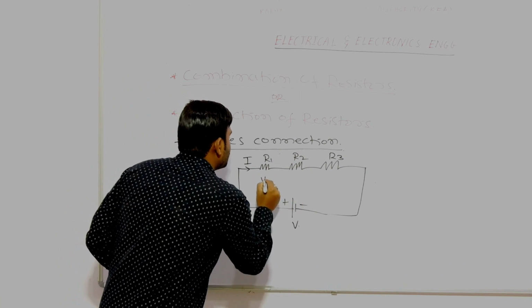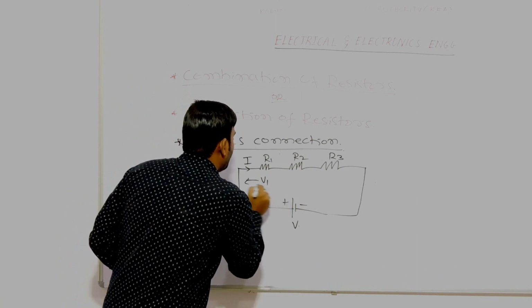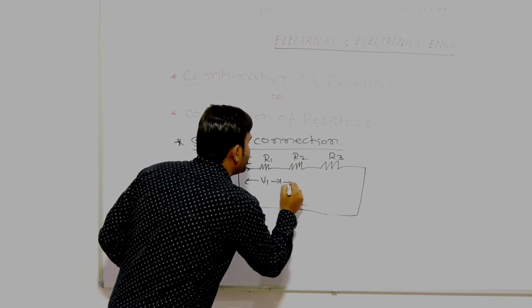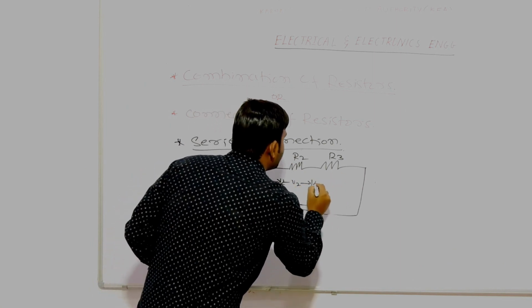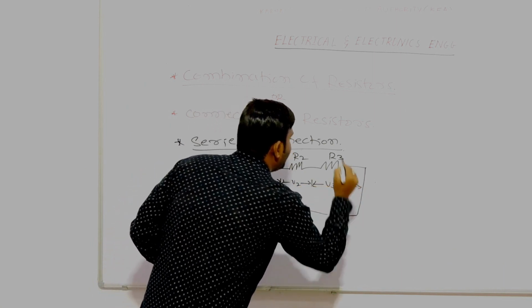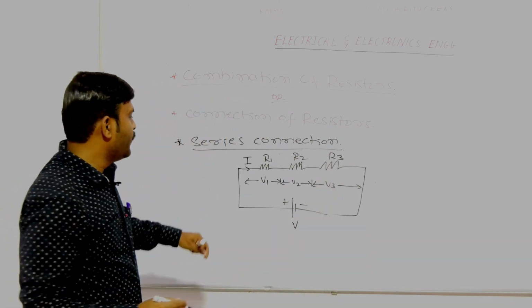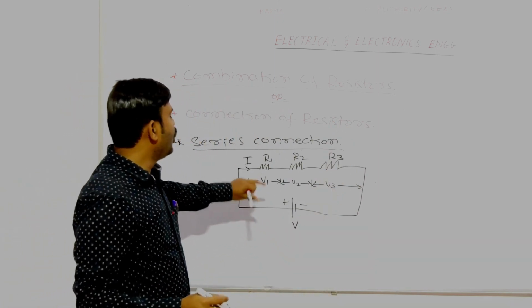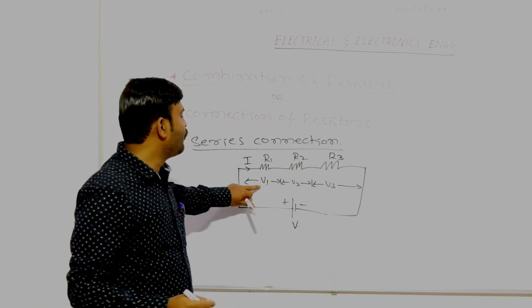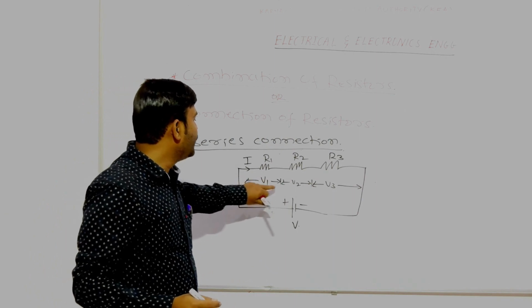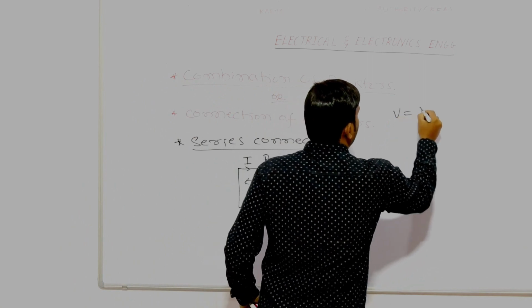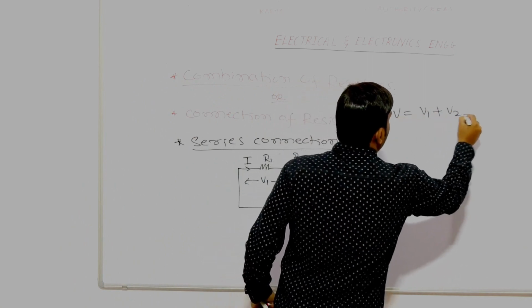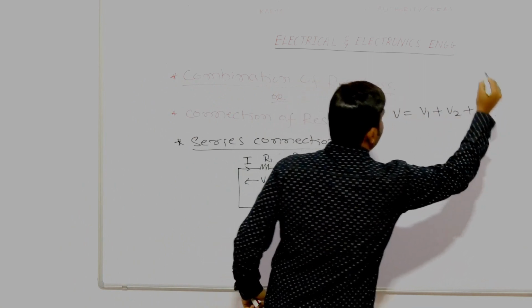Voltage drop across R1 is V1, across R2 is V2, across R3 is V3. Now the total voltage will be equal to the sum of all these three voltages, that is V is equal to V1 plus V2 plus V3.